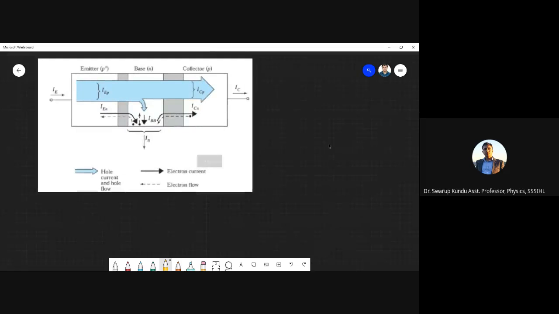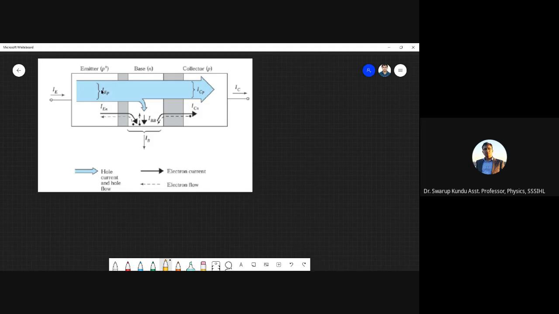So what happened? In a transistor, let's talk about the active bias mode. We have the emitter junction and the base junction, and they are forward biased. Now in forward bias, what happens is you inject the holes from the emitter to the base, right?